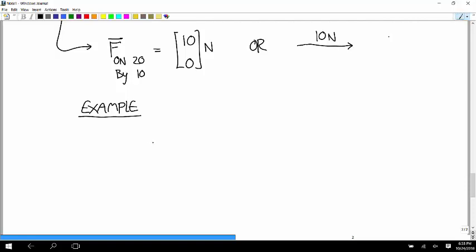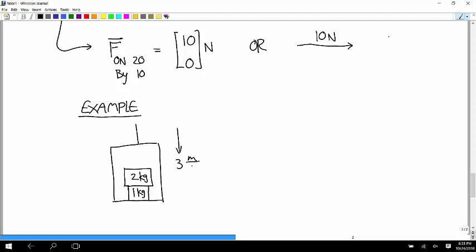So let's say that there's an elevator, and there's a 1 kilogram box on the floor of the elevator and a 2 kilogram box sitting on top of it. And let's say that the elevator is accelerating down at 3 meters per second squared.